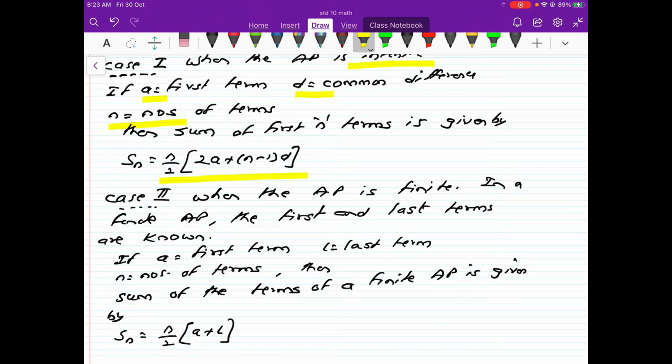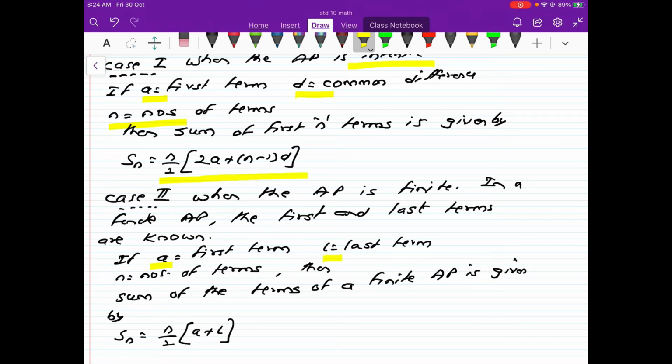Now remember, a finite AP will be having some limited terms, 10 terms, 20 terms, 50 terms, 100 terms, whatever it is. In the case of a finite AP, you know the first and the last term. So knowing the first and the last term makes our things easier. So we will use a simpler and much modified formula for this. Suppose the first term is a and the last term is l.